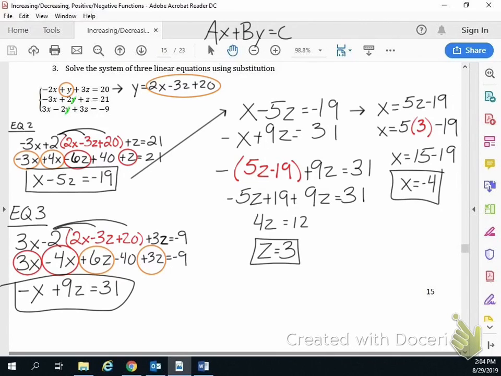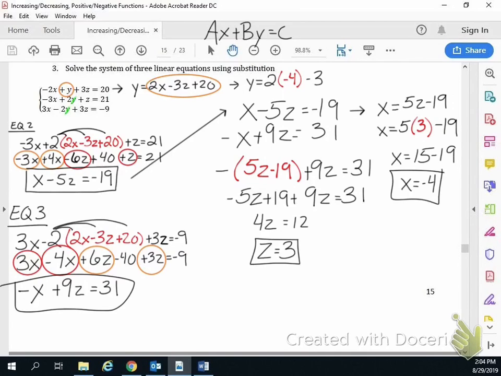Up here in orange, so I can take that, kind of run out of space up here. I've got y equals 2 times x, which we just found was negative 4.